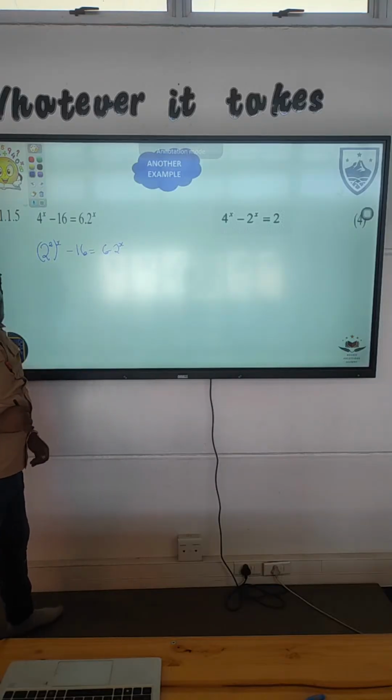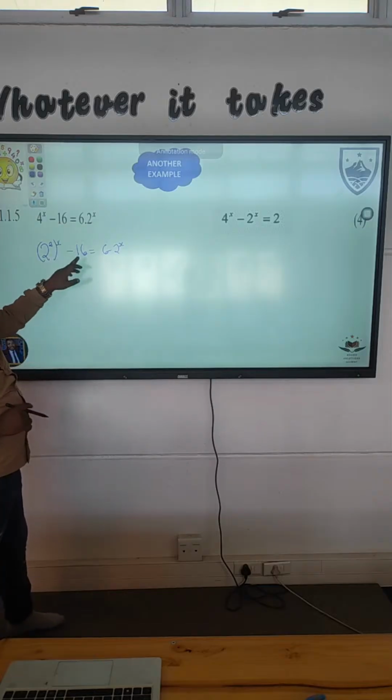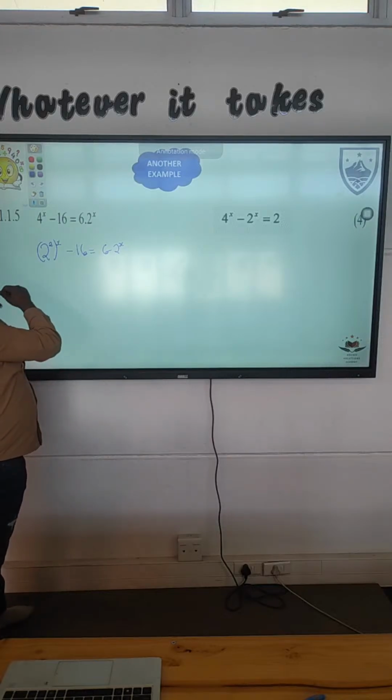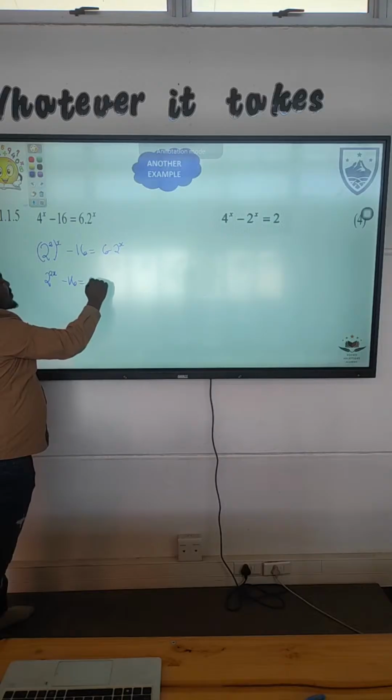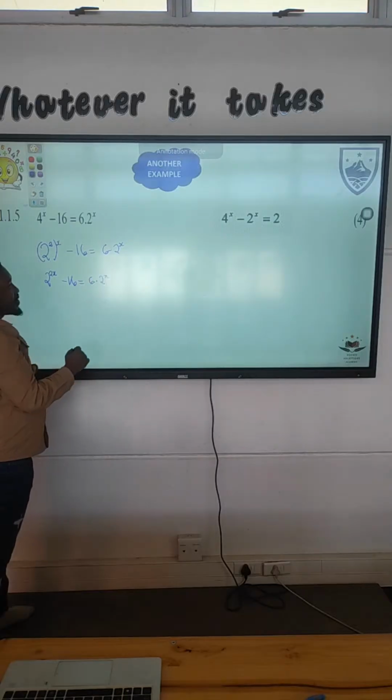Writing this into its prime factors will not help us for now. So we have 2 to the power of 2x minus 16 equals 6 multiplied by 2 to the power of x.